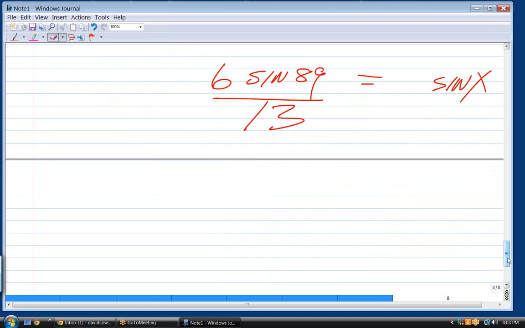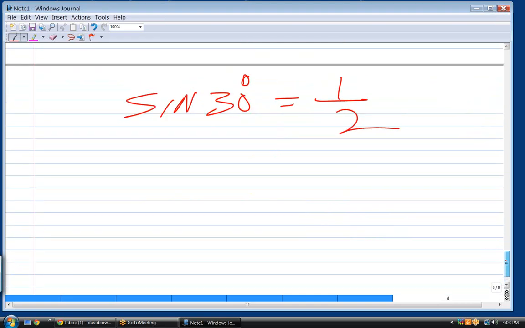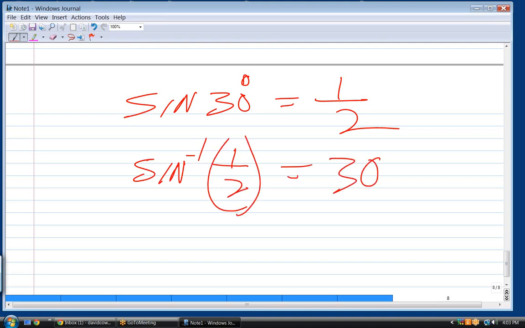Do you divide both sides by sine? No, this is where you take the inverse sine. Let's talk about inverse sine for a moment. Okay. We take the trig function of an angle to get a ratio. We take the inverse sine of the ratio to get the angle. Oh, okay.